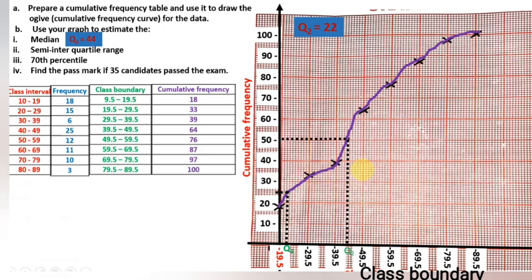Now next, we are going to look for the upper quartile. To look for the upper quartile, we're going to use the 3/4 nth position. So that's going to be equal to 3 times 100 divided by 4, which is equal to 75. So we are going to trace 75 at that point on the graph to the curve. Then we'll trace it downwards.